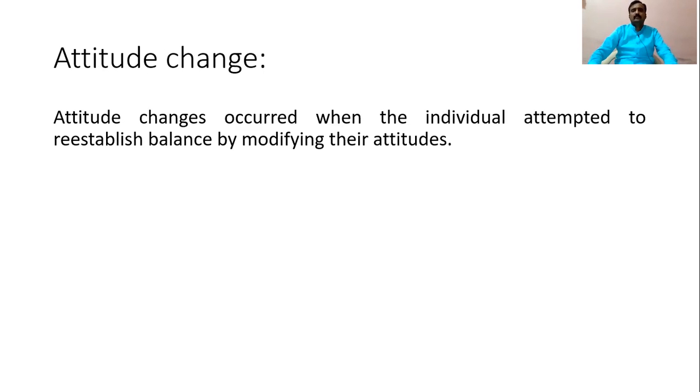And the session outcome of session number 21 is the same: students will be able to explain the various theories of attitude change. Before going to the theories, we should first know the meaning of attitude change. Attitude change occurs when an individual attempts to re-establish balance by modifying their attitudes. Whenever attitudes are modified, that constitutes a change in the attitude of a consumer towards purchasing products or services.